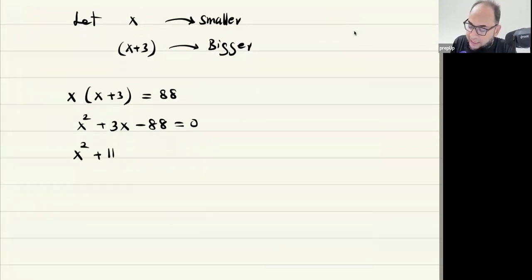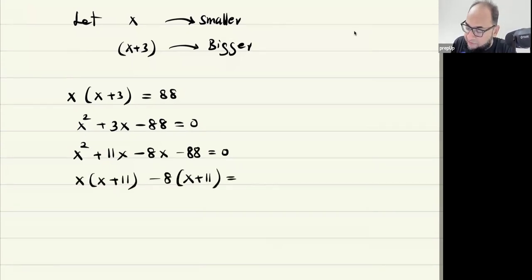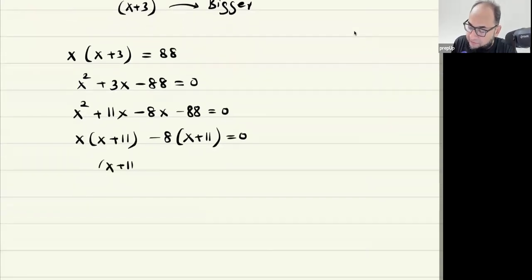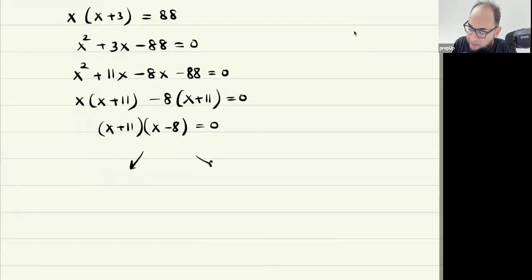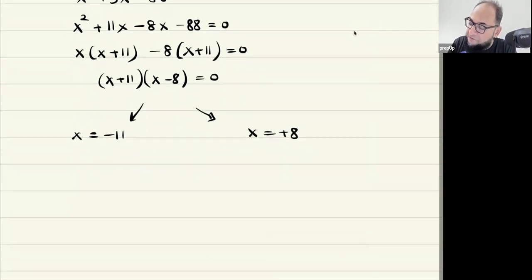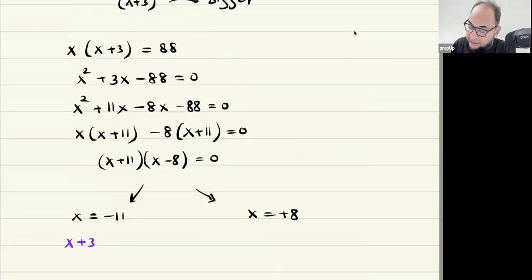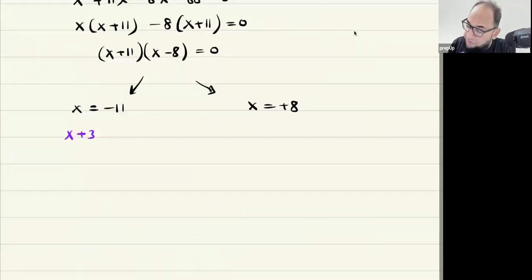x squared plus 11x minus 8x minus 88 equals 0. x(x plus 11) minus 8(x plus 11) equals 0. (x plus 11)(x minus 8) equals 0. x is negative 11, x is positive 8. Here x is the smaller one.